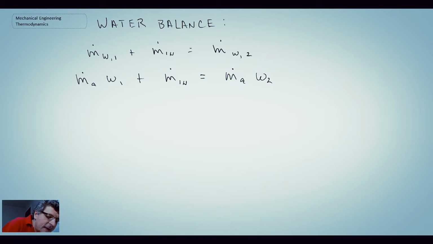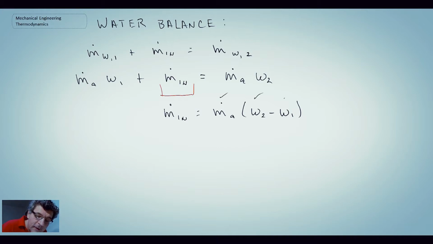I'm going to isolate for mass flow rate in because that's what we're looking for. If you notice, we have everything for this equation. We know the mass flow rate of the air, we know omega 2, we know omega 1, so we can calculate everything. And from that, we get mass flow rate of water in.